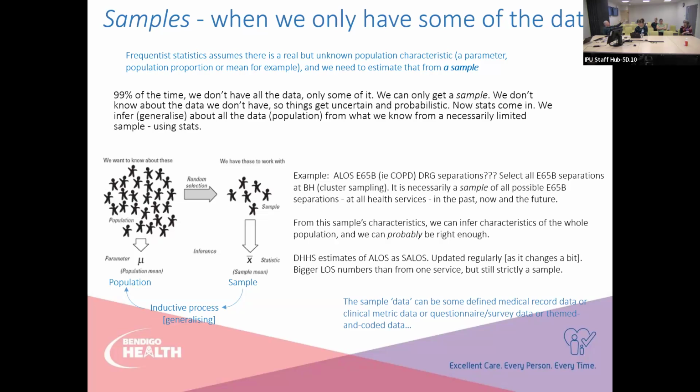And then we sent out an invitation to every healthcare worker in Loddon Mallee, and then those who responded and said, yes, I'm willing to be part of this survey, I consent, and I've now been registered in my PICF, my patient information and consent form, those people who responded with consent became the sample.